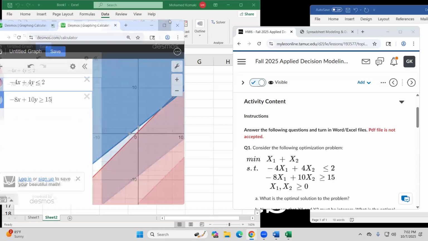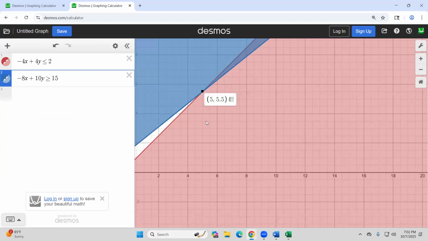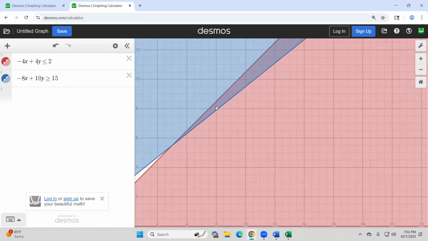All right, so you can see this point is the optimal solution when you get rid of those integer constraints, right? So this is the first one. Now look at this, when you enforce the integer constraints, you get all the way up to here, right? So from this, we move all the way to this point, right?